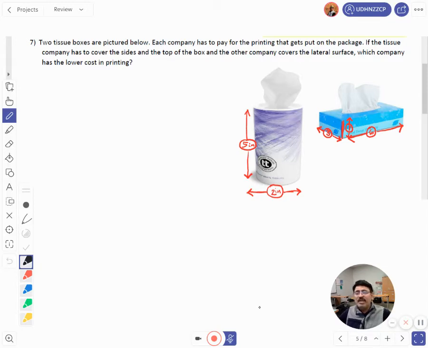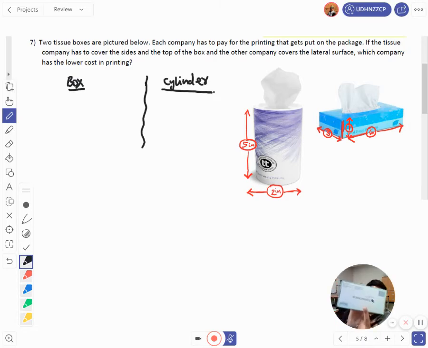So we have two scenarios. The first one is the box-type tissue pack, and the other one is the cylindrical type. So it's the cylinder. What do you compute? Suppose here, if it is to be printed, I have to compute length times width to get the area of this, right?